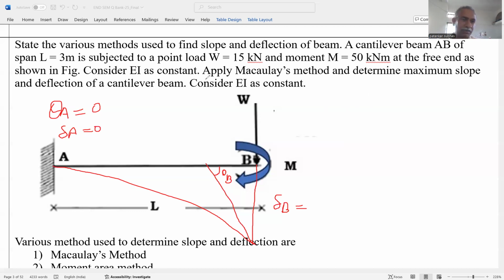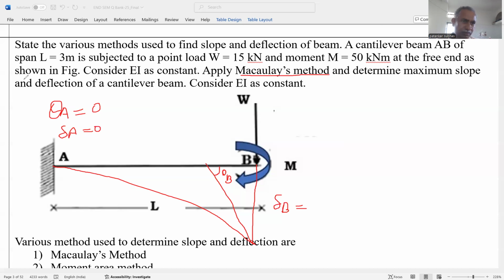So let us start this problem by using Macaulay's method. In Macaulay's method, we have some limitations, or we can say some precautions. We take the section in the last region.